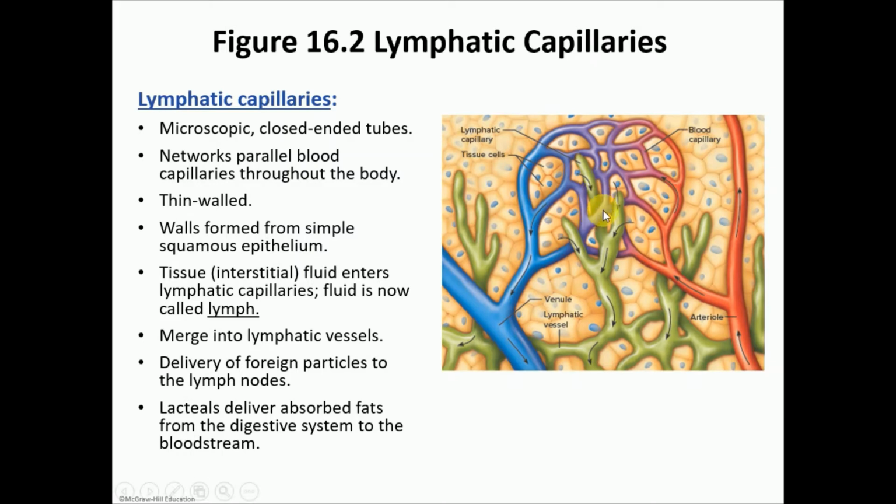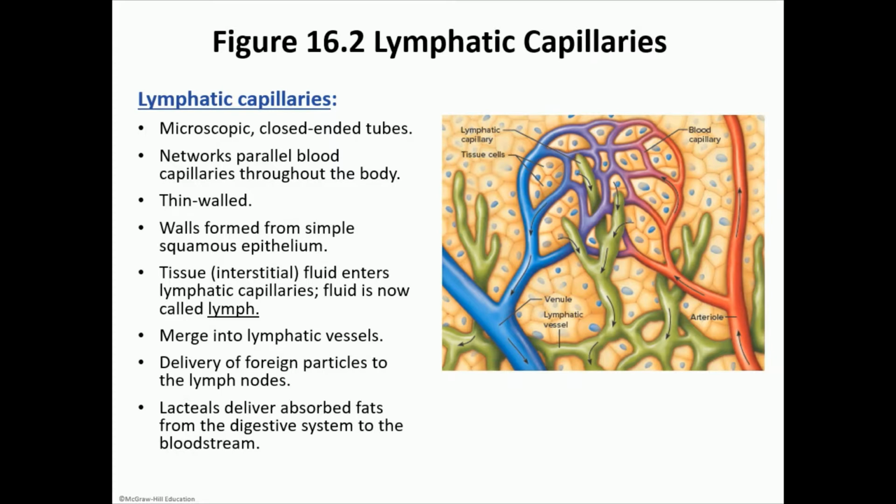These capillaries are made of simple squamous epithelium, just like the blood vessel capillaries, and they allow passage of fluid in one direction only, which is from out to in. It'll gather all these little capillaries into bigger lymphatic afferent vessels.